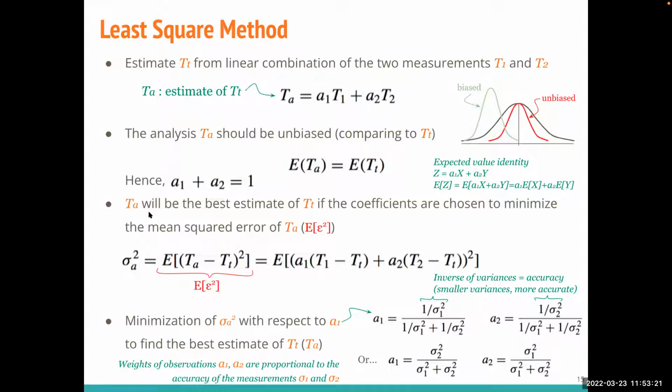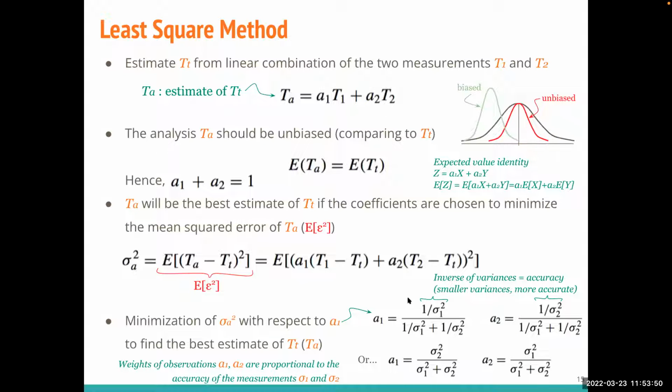And TA, the temperature analysis, will be the best estimate of your true value if we minimize the mean square error, of course. We have the variance of your analysis, and then this is the expected value of your error.